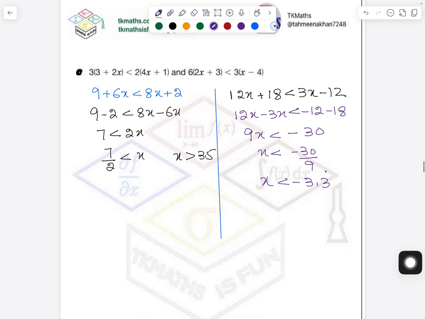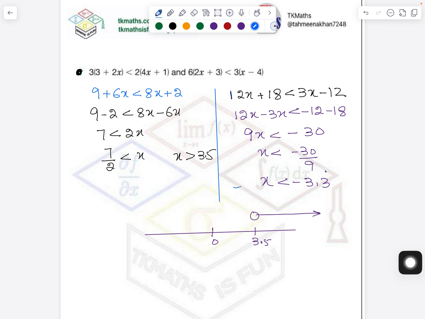Now, if I see from the number line to get the better idea, but I can do mentally also. Many of you can also do it mentally. So according to first situation, x is greater than 3.5, right? It is here on the right side. So these are the value.